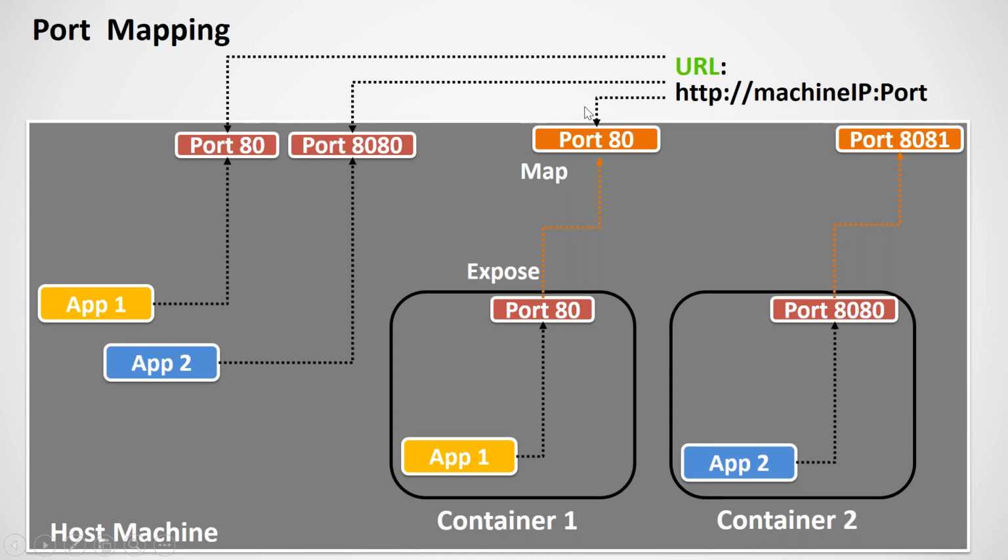So if you want to access this application, you should always use the port number which has been mapped to the host machine. You will reach the port mapped on the host machine, and this will internally help you connect to the port which has been exposed. Okay, so this is what we call port mapping.